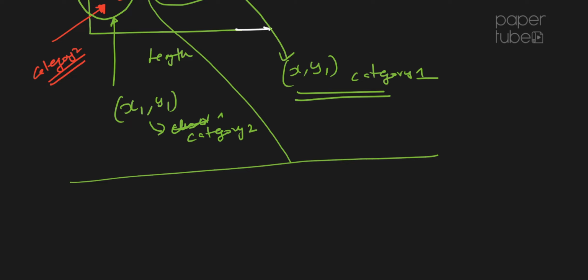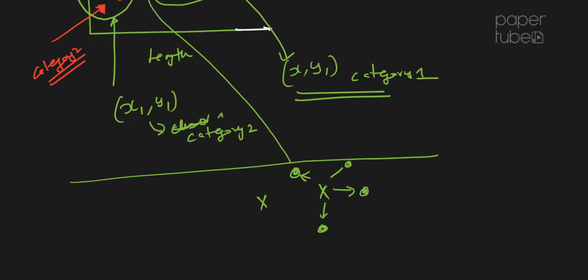So the algorithm is extremely simple. You pick some random points, so k number of random points, and then it calculates the Euclidean distance between that particular random point and all the data points in the database. And then based on the distance, it classifies the data points into different categories.